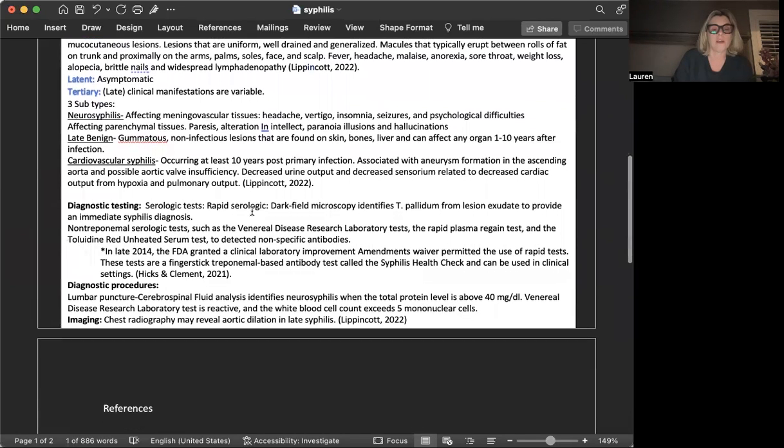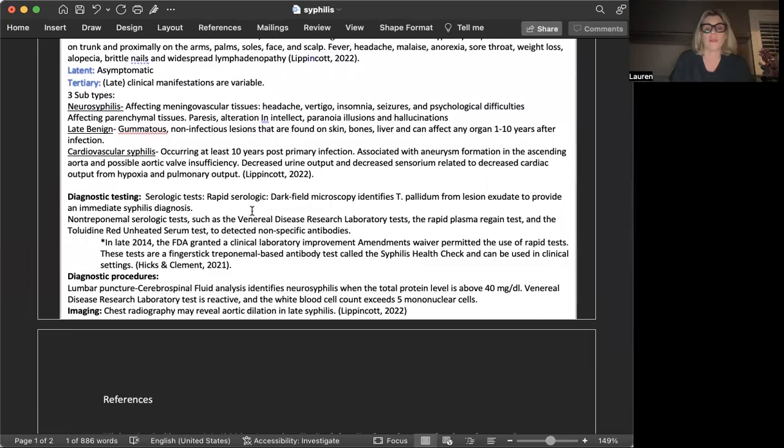You can see here the rapid dark field that identifies the organism from lesion exudate to provide an immediate syphilis diagnosis.